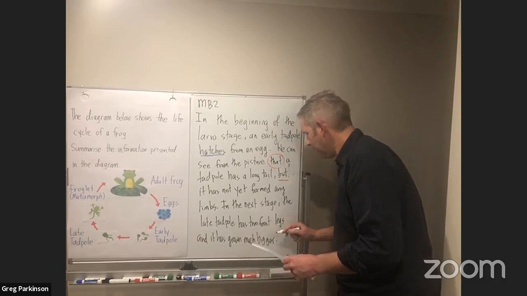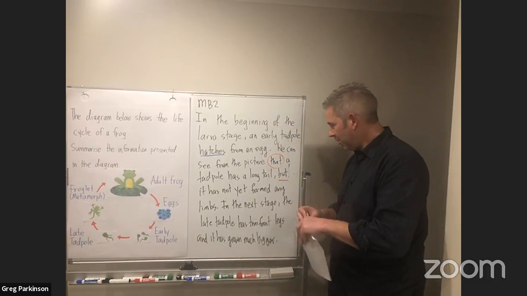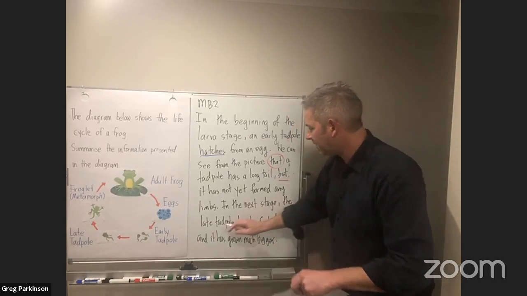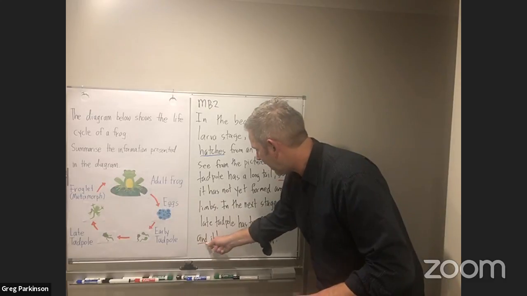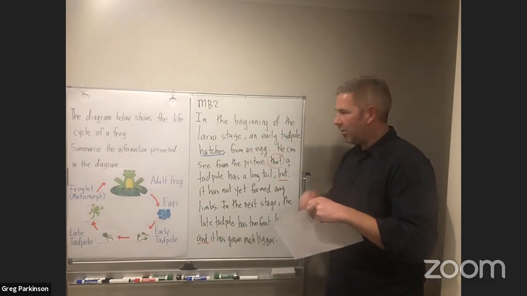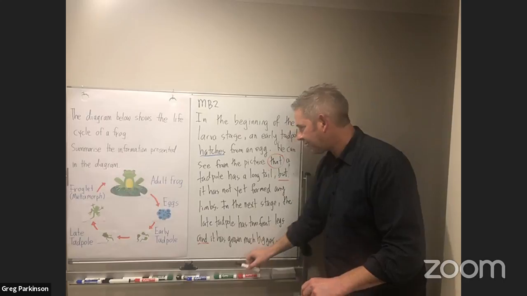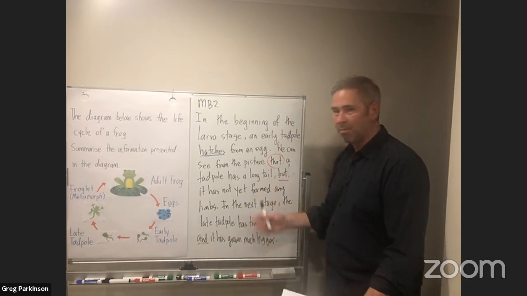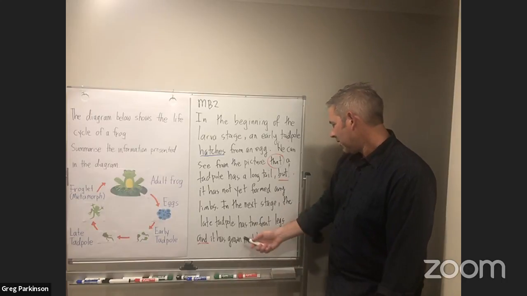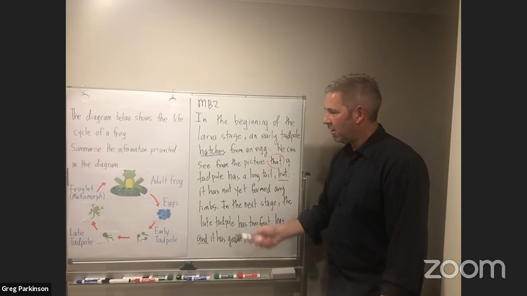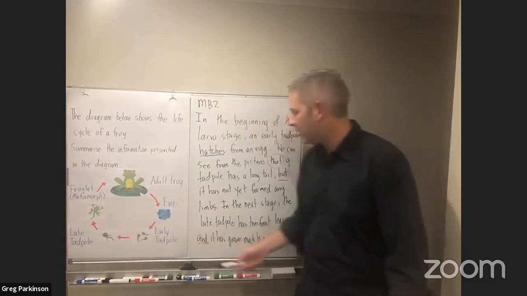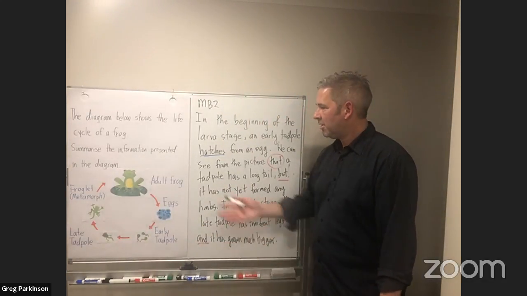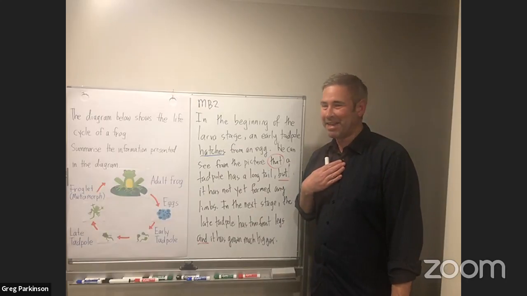Okay, my last sentence is a compound sentence, and you can tell that because I've used the conjunction and. Again, not really the most complicated vocabulary. I've just talked about how in the late tadpole stage, the tadpole has developed 2 legs and it's grown much bigger. So again, I'm not saying that I'm an expert on frogs.